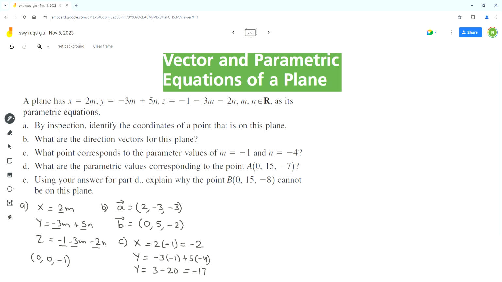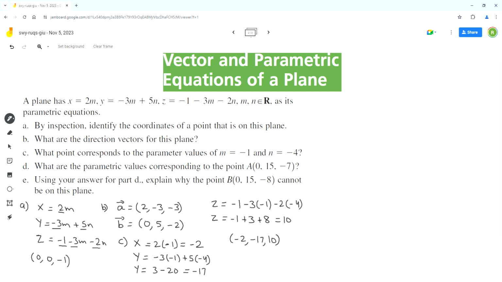Now we can find the z coordinate of the point, and for that we'll sub in m and n values in the z equation. I get z equals 10. So the point that corresponds to m equals negative 1 and n equals negative 4 is negative 2, negative 17, and 10. So this should be the final answer for part C.